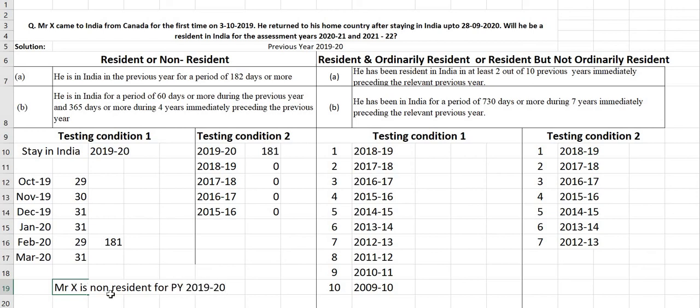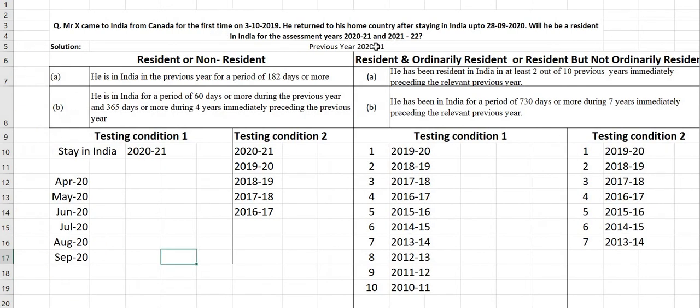2019-20. Now let's see whether he is a resident or non-resident for the previous year 2020-21. He left India on 28 September. That means for the assessment year 2021-22, which means the previous year 2020-21, he was in India in the months of April, May, June, July, August, and in September he was in India for 28 days.